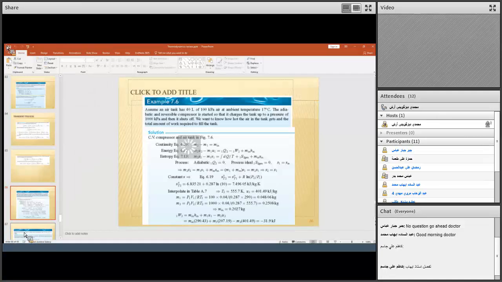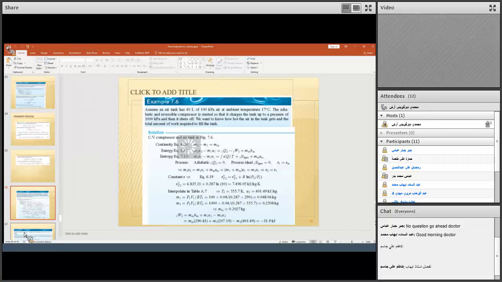When the pressure of the tank reaches 1000 kilopascal, it shuts off. So it's a transient process where we have an inlet through which air enters the system.